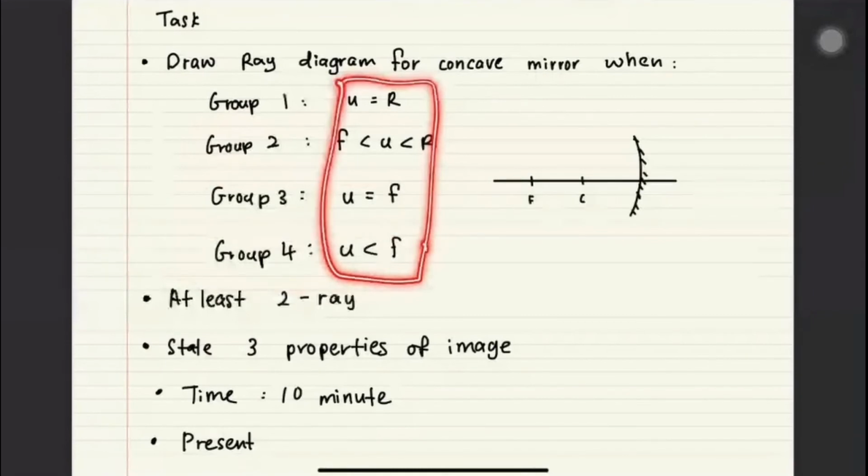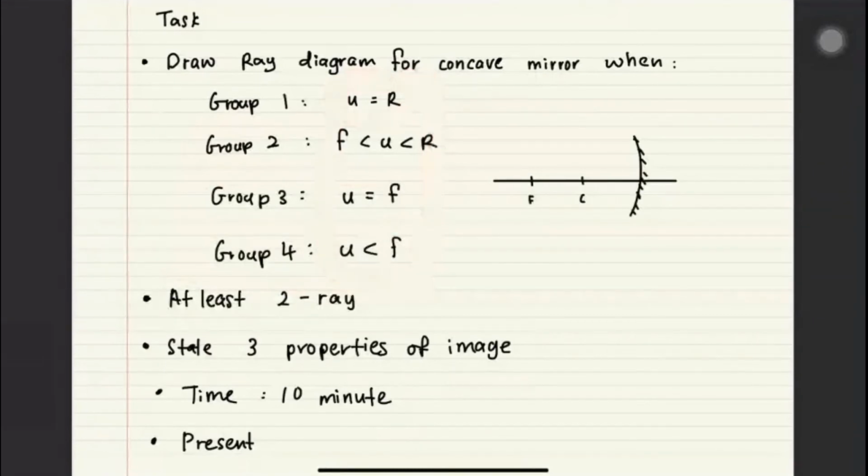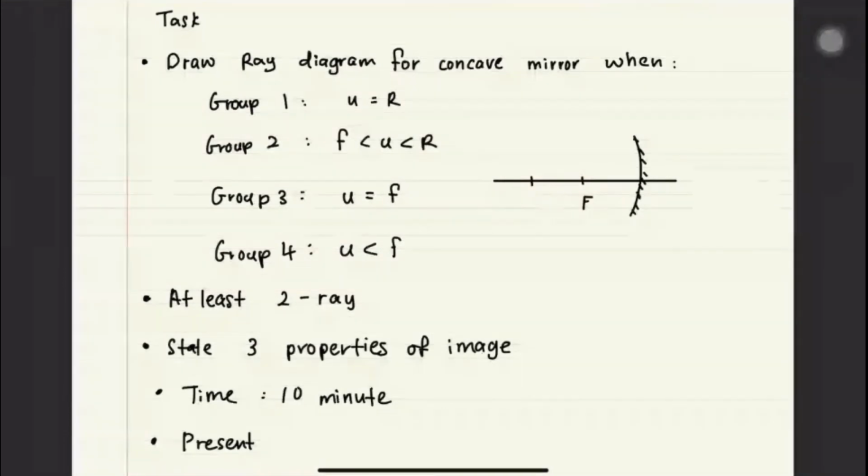So for example over here, if U equals R, it means that the object is positioned over there. If it is between F and C, it's somewhere over there. U equals F. Sorry, I think this one is the wrong way around. This one should be F and C, like that. So when U equals F, the object is over there.